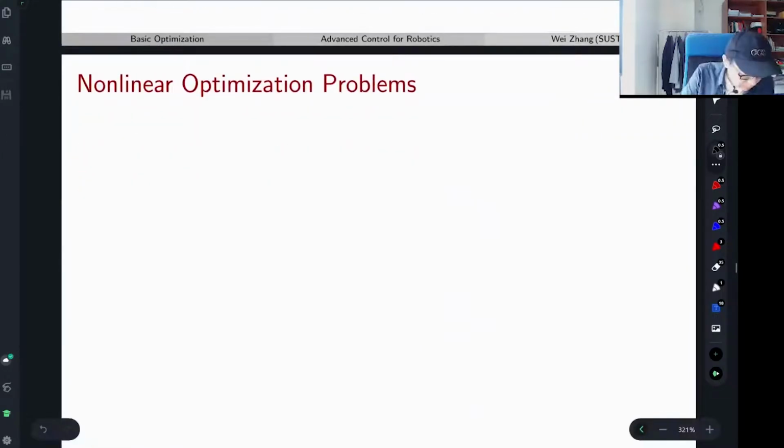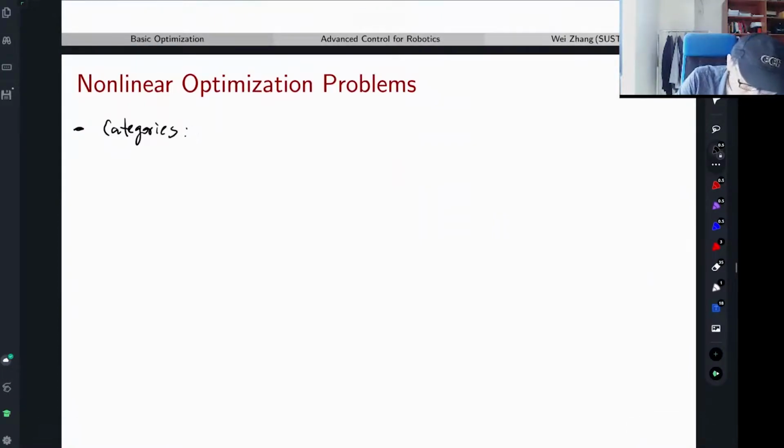Let me dive a little bit more into the categories of optimization problems. There are two things that define an optimization problem, roughly speaking. It's the objective function and also the constraint set.